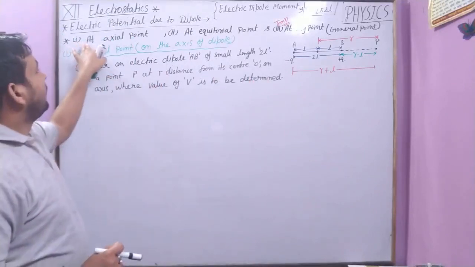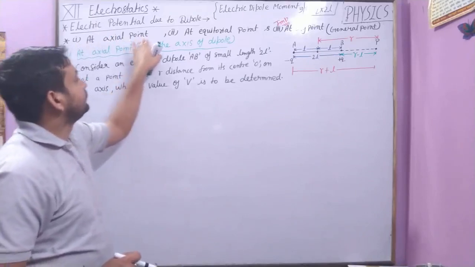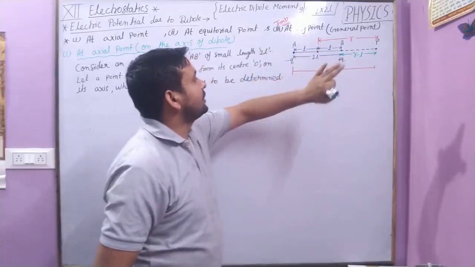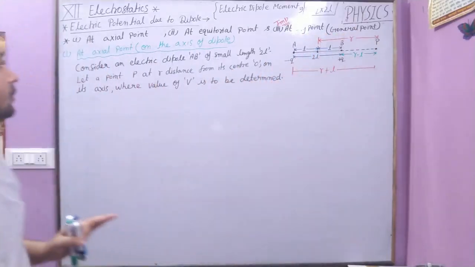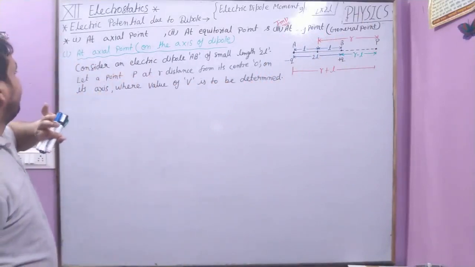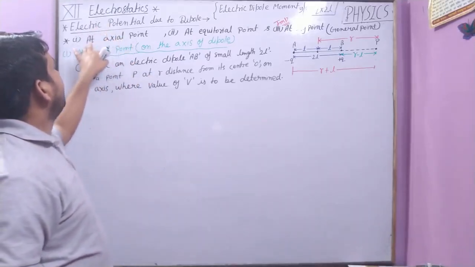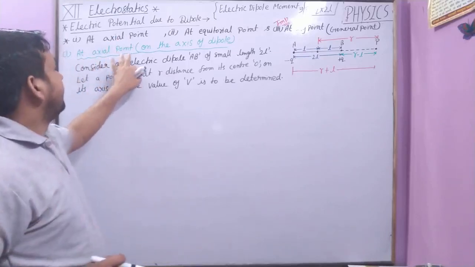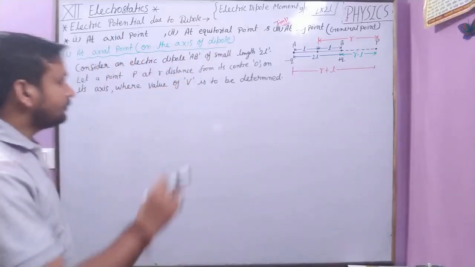One is electric potential due to a dipole at an axial point, at an equatorial point, and the third one is at any point, which is known as a general point. In this, we have the first derivation to determine the electric potential due to a dipole at an axial point, and that axial point is always on the axis of the dipole.